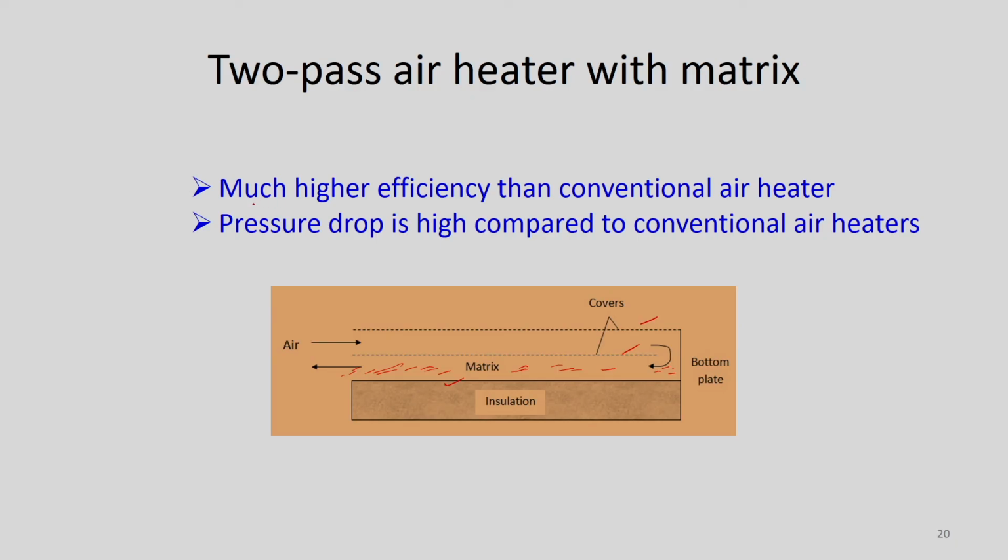So, much higher efficiency than a conventional air heater can be obtained, and the pressure drop is high compared to a conventional air heater. This is one of the disadvantages of this configuration. Okay. So, that has to be maintained properly, otherwise power consumption will be very, very high, right. So, pressure drop has to be maintained.